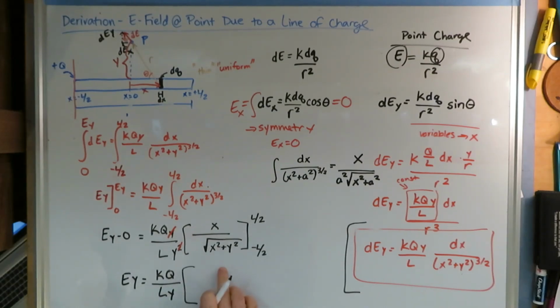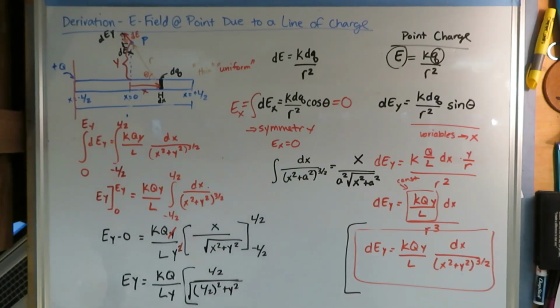And then I'm going to end up with x being L over 2, over the square root of L over 2 squared plus y squared. So I got the square root there on the bottom.